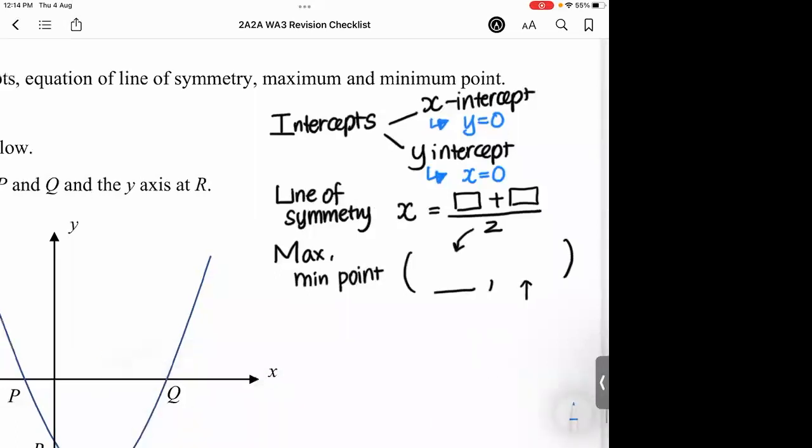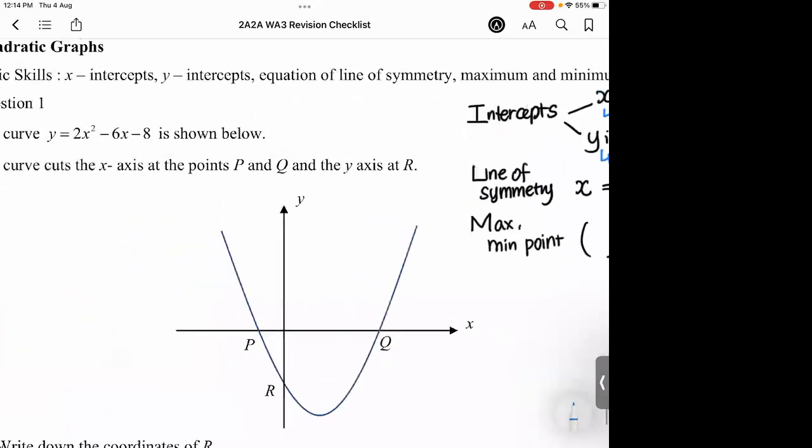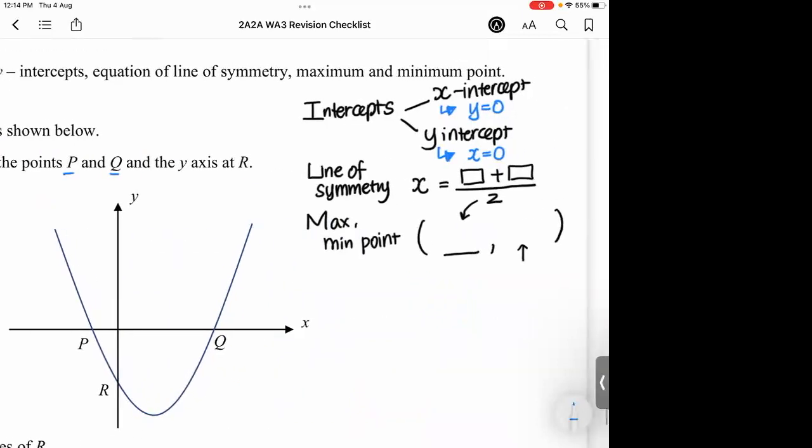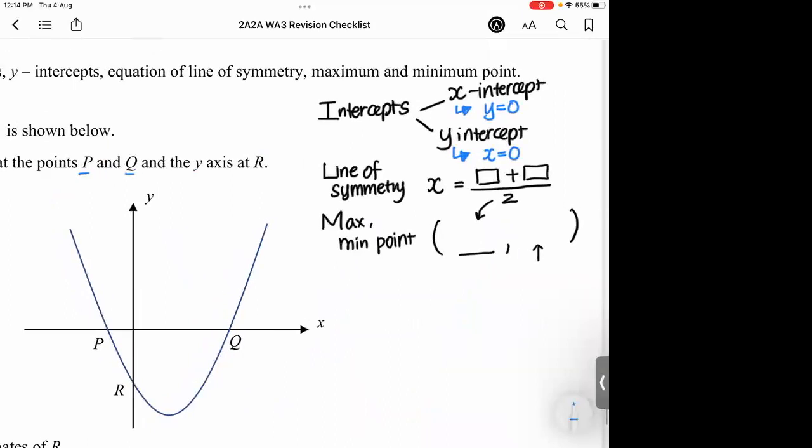So our question over here, first part, it says this curve is shown. It cuts the x-axis at the points P and Q. Cut the x-axis, x-intercept, what happens?